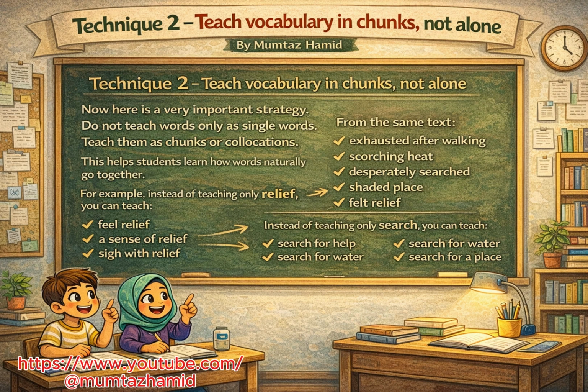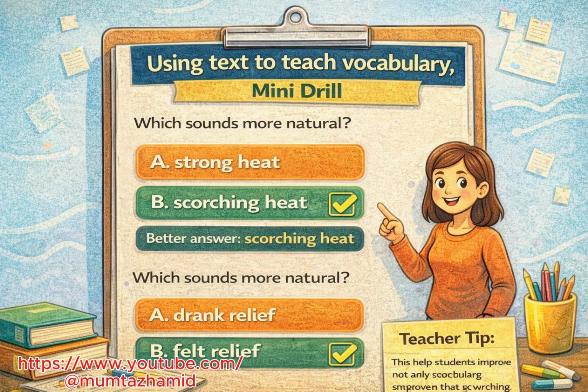For example, instead of teaching only relief, you can teach feel relief, a sense of relief, sigh with relief. Instead of teaching only search, you can teach search for help, search for water, search for a place. Mini drill. Which sounds more natural?